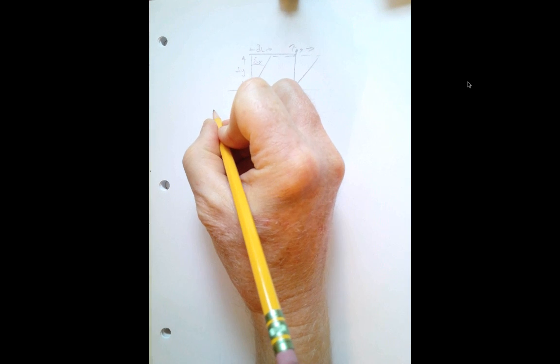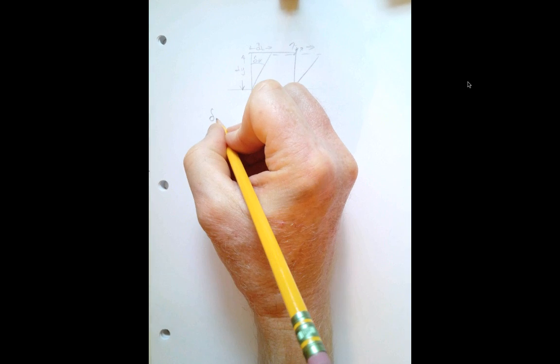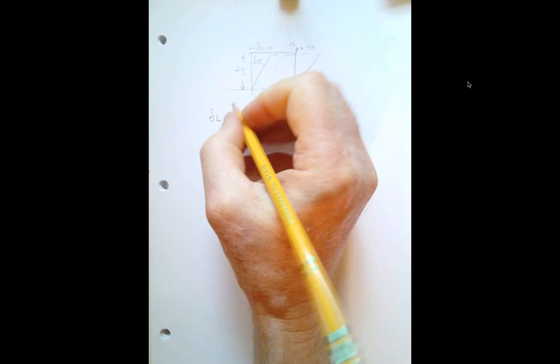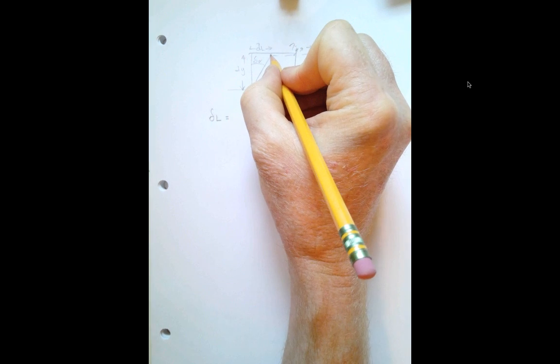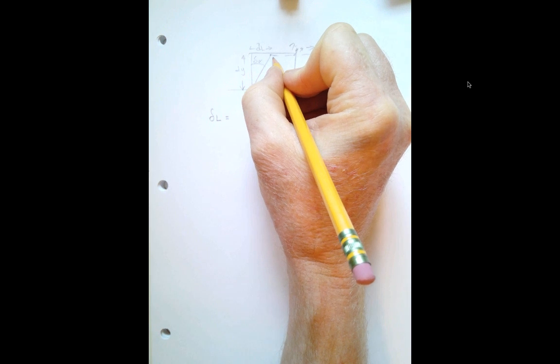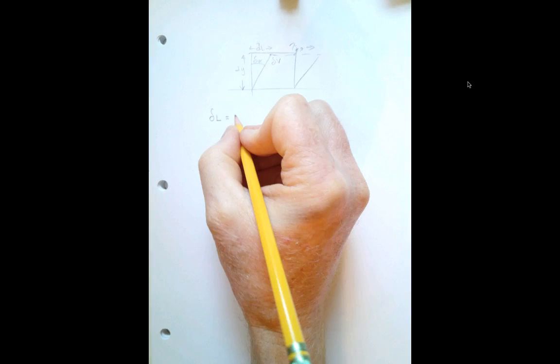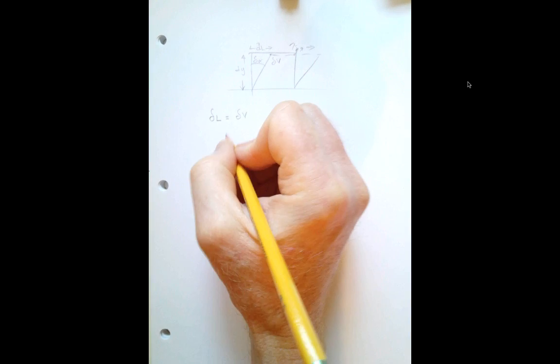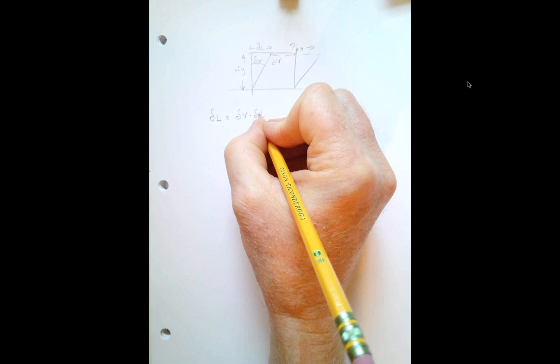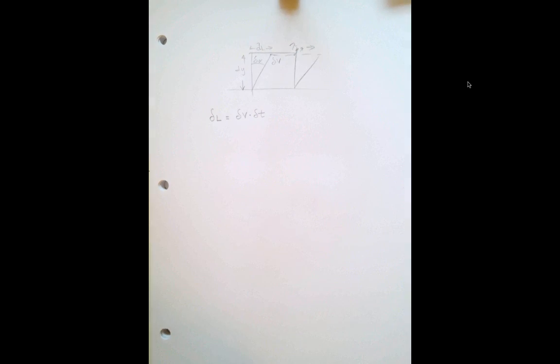Okay, let's look at this distance dl. That's going to be equal to how fast this point is moving, so dv, multiplied by how long that occurs, dt.